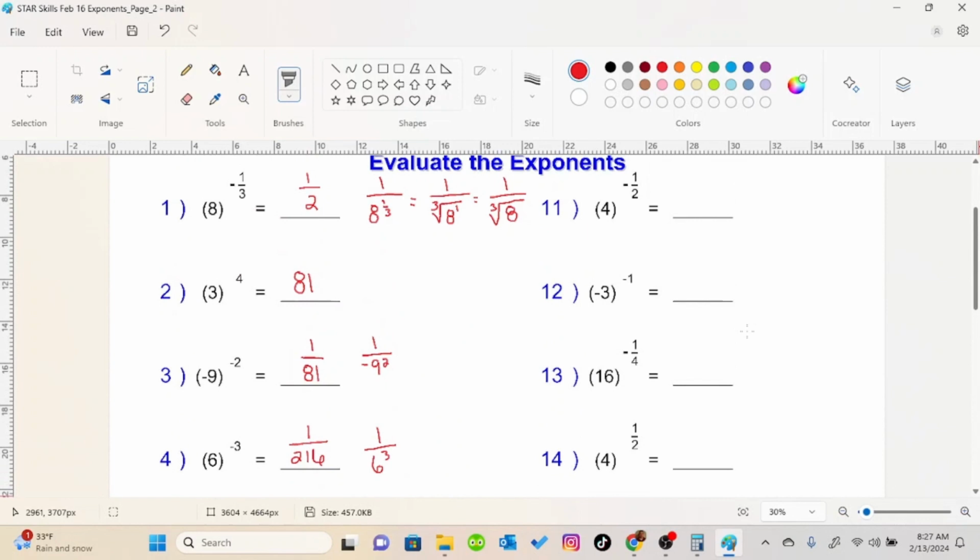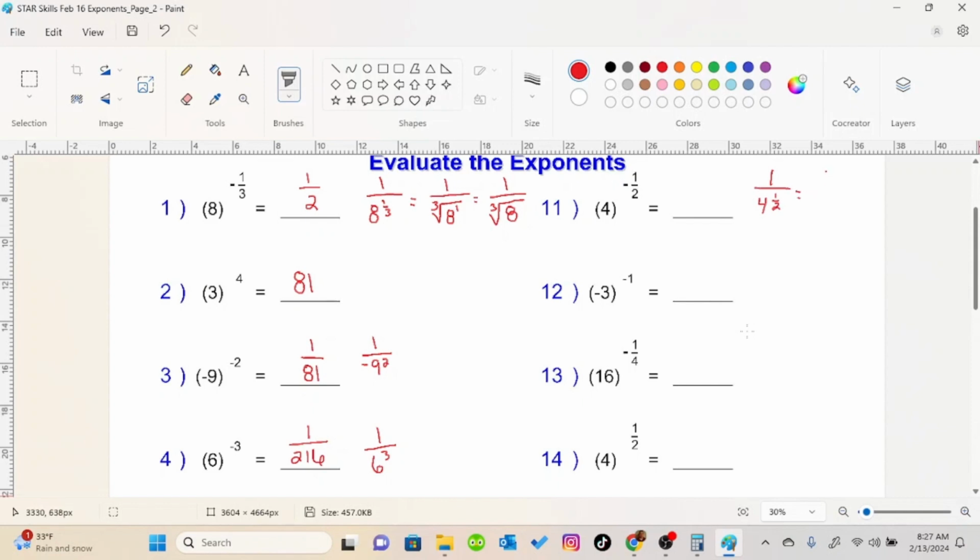Number 11, we have 4 to the power of negative 1/2. A negative exponent means 1 over 4 to the 1/2.